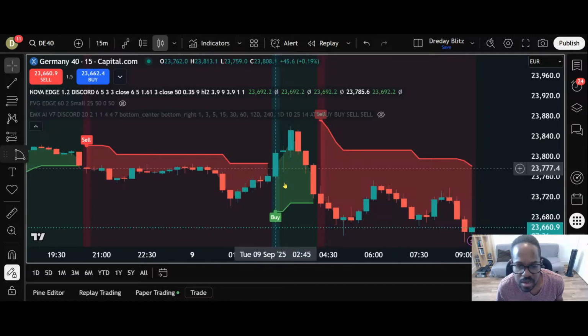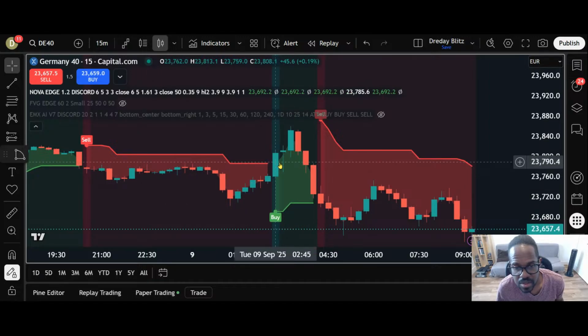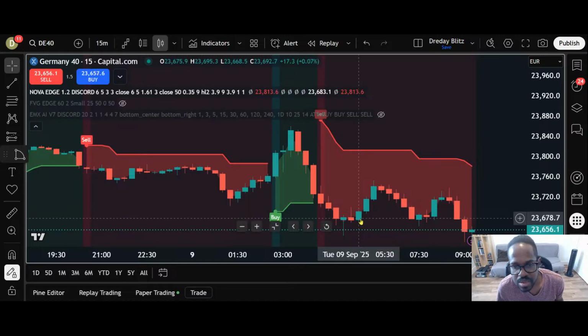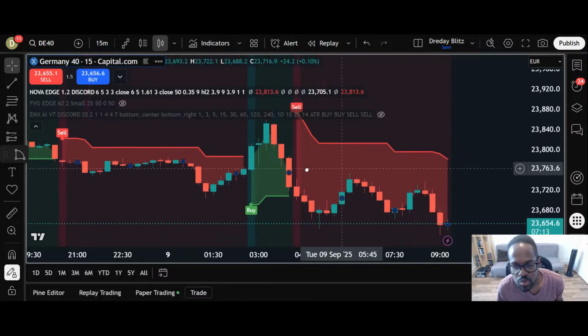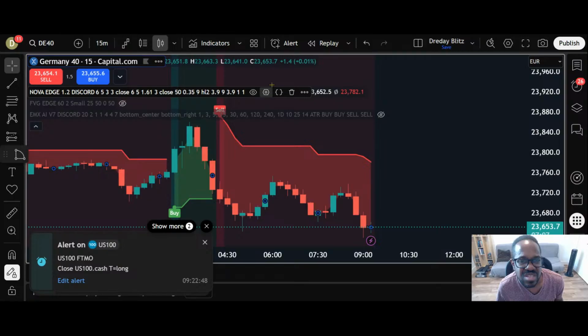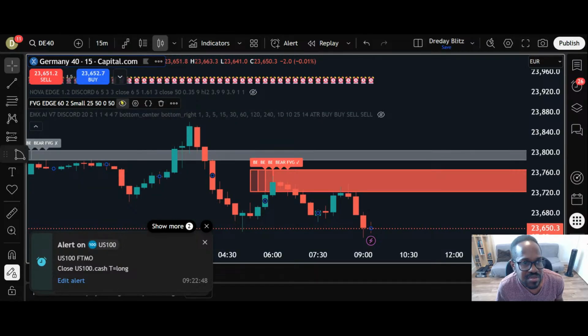With my custom indicator, which you don't see but which you received the alert for on the TradingView app, the TV alert app, we did have a buy here, and I was expecting to go long for a short amount of time, and then the price started to reverse. Since then, price has been going down, and it's still bearish currently. So that's the first indicator, Nova. The second one is the fair value gap one.